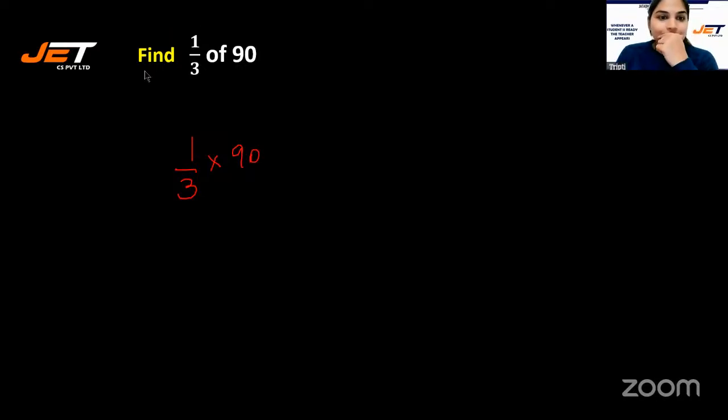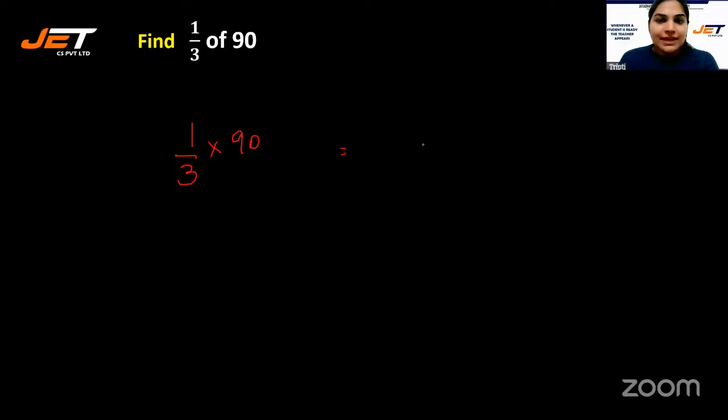1 by 3 of 90. Of is times. So here, 1 time 90 is 90.